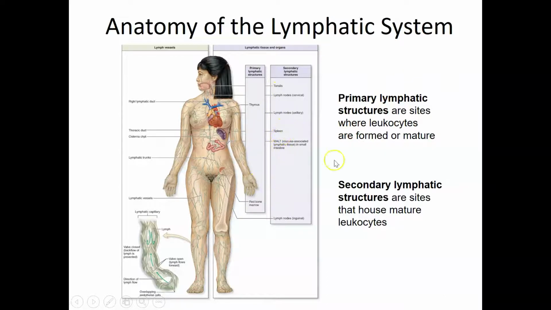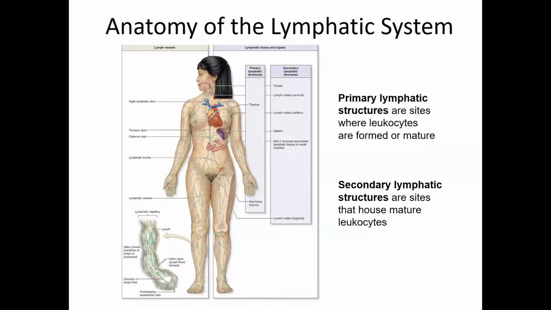But in the MALT, basically is a group of immune system cells together, and they're embedded in a mucosal membrane. Remember that mucosal membranes line passageways in the body that open to the exterior. So this is a susceptible way for pathogens to get into the body.